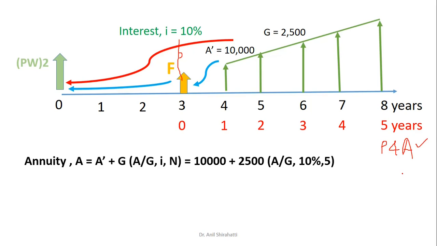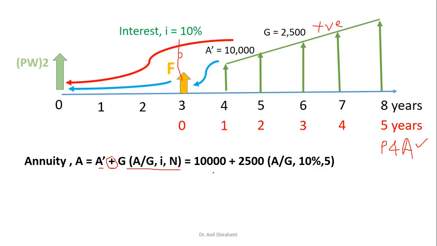There is a simple equation to convert this into a single annuity: A = A' + G(A/G, i, N). Why this plus sign? Because this is in the positive direction. There is a positive increase, so that's why it is plus.